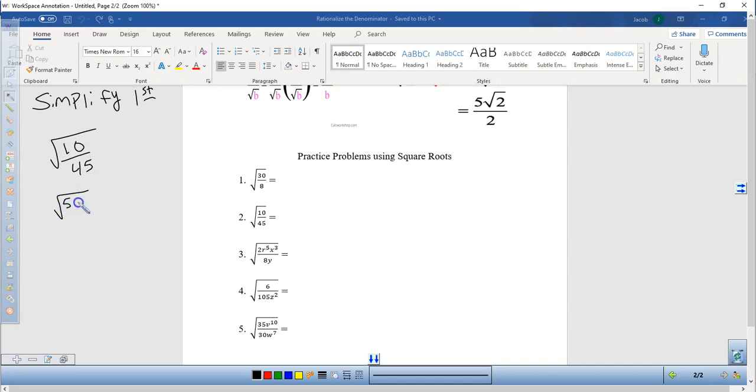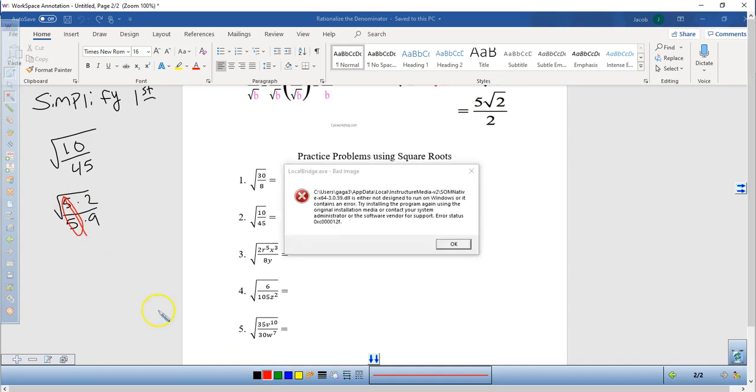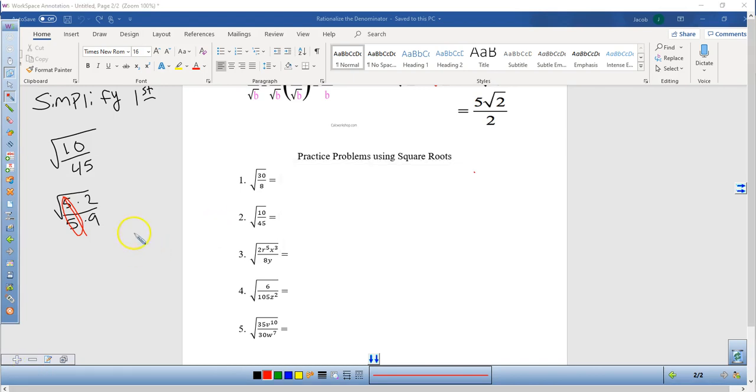I've got 5 times 2, and 45 I've got 5 times 9. Right here, 5's match, cross them off. All right, 5's cancel off, leaving me with the square root of 2 over the square root of 9.